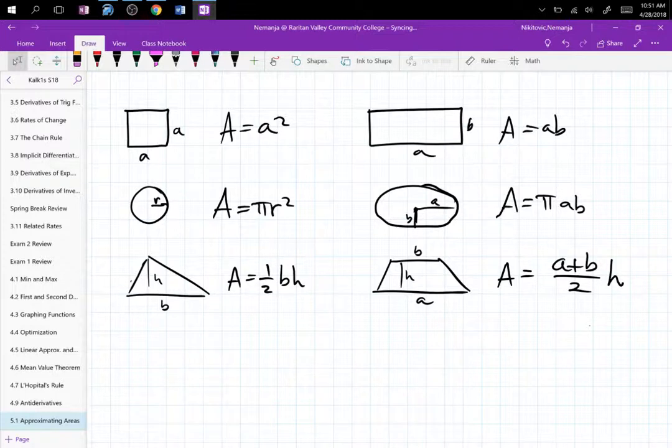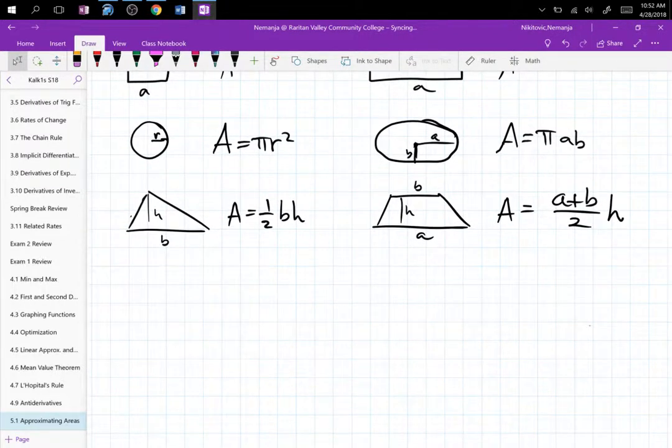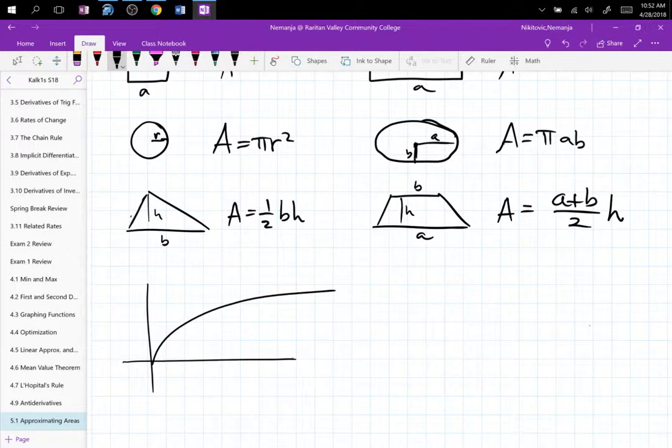But now we are interested in what can I do if I have a function rather than a shape, like this. Can I find the area under the square root of x?